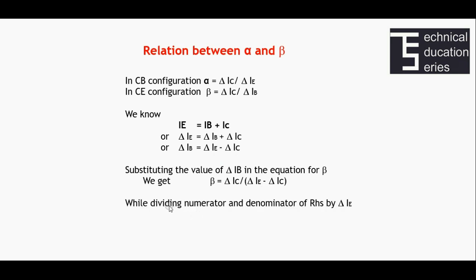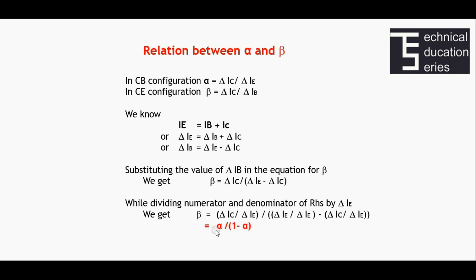While dividing numerator and denominator of the RHS by delta IE, we will get beta is equal to delta IC divided by delta IE, divided by delta IE divided by delta IE minus delta IC divided by delta IE.